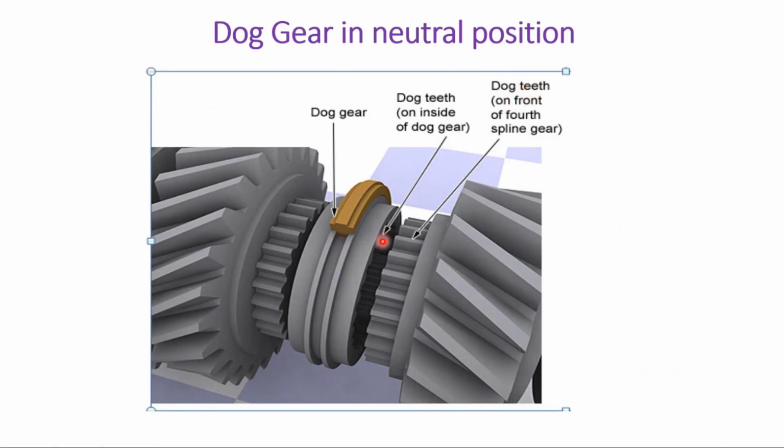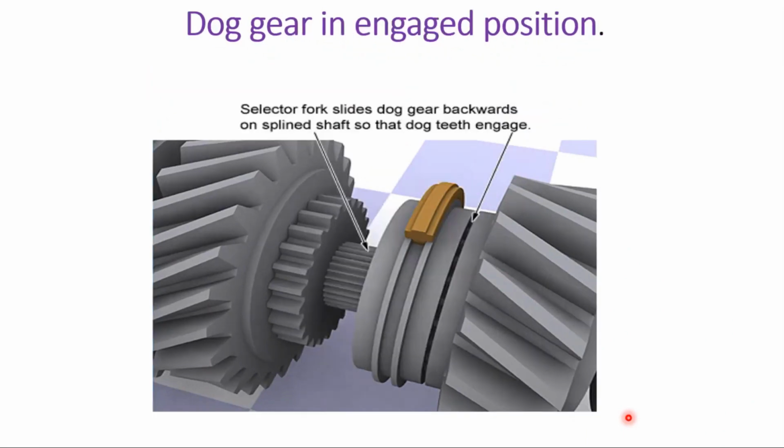It has just two teeth. Even to replace this, the cost is going to be lesser, and the operation is also not as noisy as compared to the sliding gearbox. So the selector fork slides the dog gear backwards, and this moves on the spline shaft, in which there is an engagement between the dog teeth and also the gears.